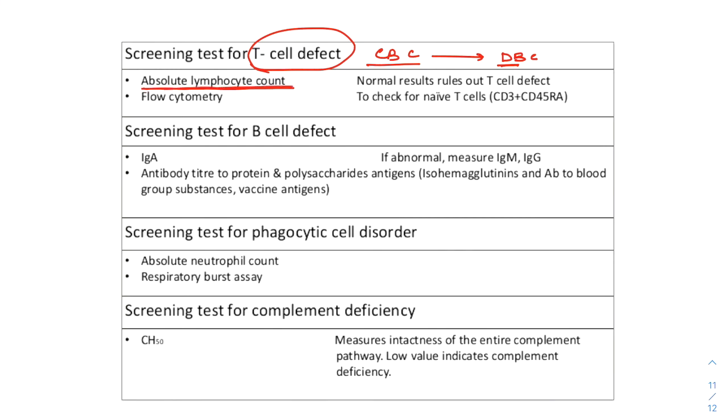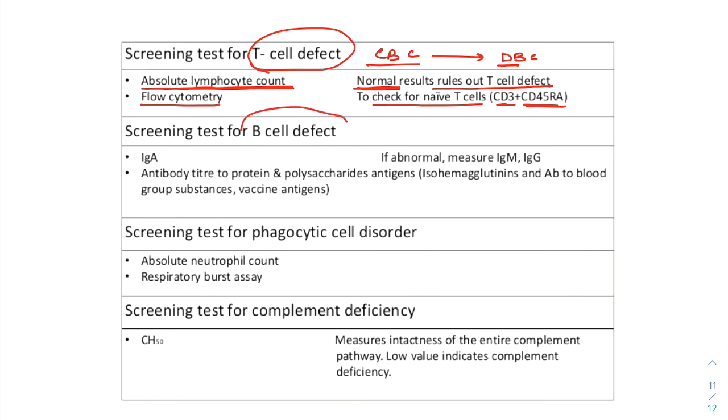If a normal lymphocyte count is present, that rules out a T cell defect. Then we can do flow cytometry to check for the naive T cells, that is, the presence of CD3 plus or CD45RA, cluster differentiation markers on the T cells. At what level the T cell differentiation is affected can be detected.